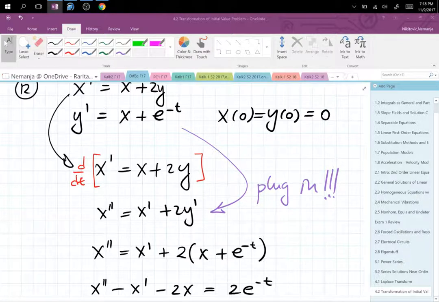Now I know what y prime is. So instead of this y prime, I plug in what y prime is from the second equation, and now distribute the 2 and just manipulate the terms. See that? So you can now go home and finish off this problem as well, and practice a whole bunch of these.